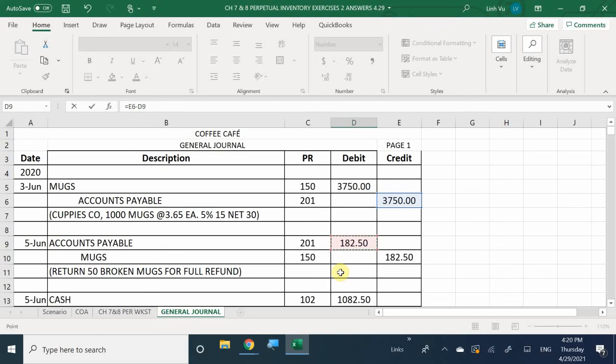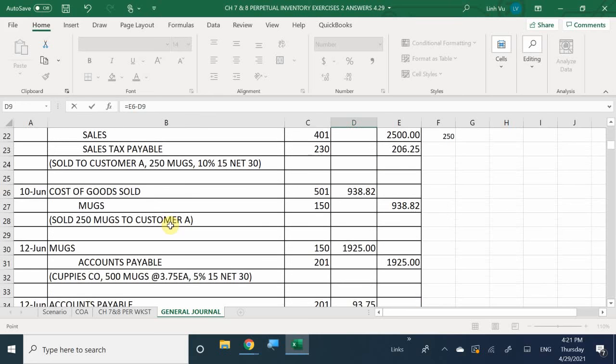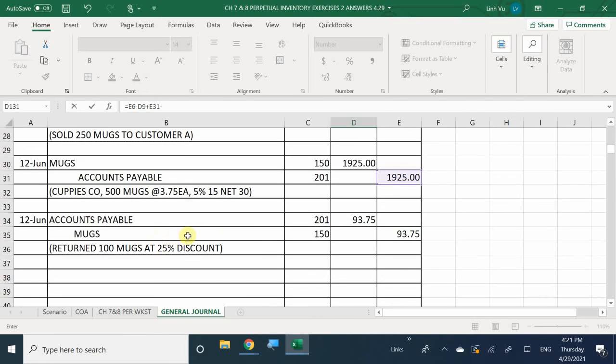So what I'm doing right now is I'm subtracting it out. Okay. Then on the 8th, right, we end up making another purchase of inventory for $19.25. However, we also subtracted out because we got a discount, right, for $93.75.